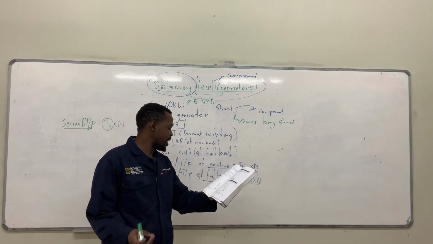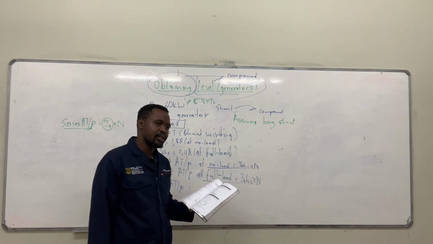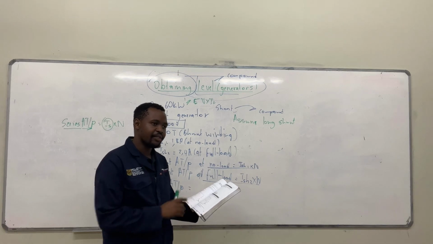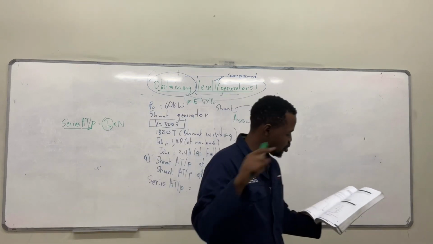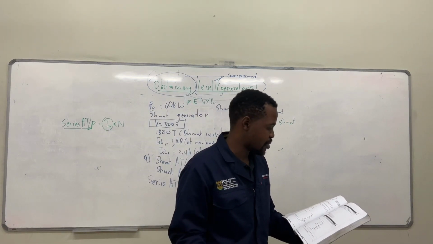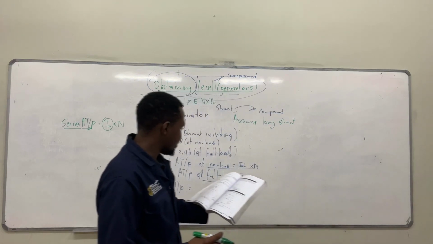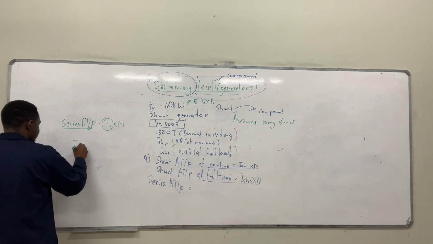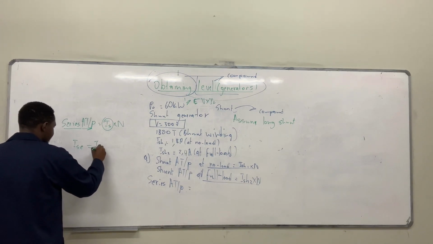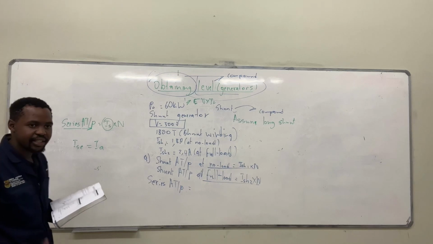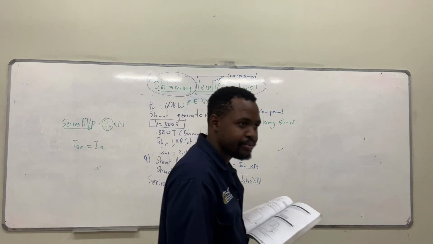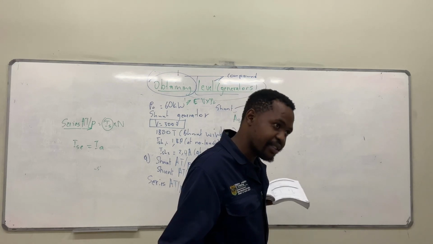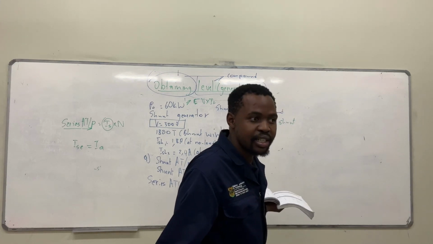You have IL as 200 amps. And notice the direction of the current. The source current is from the amount. The question is, in a long shunt, I series and I armature are the same. So basically if I calculate I armature, I have calculated I series.